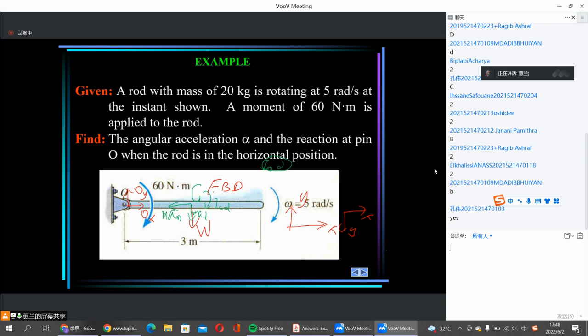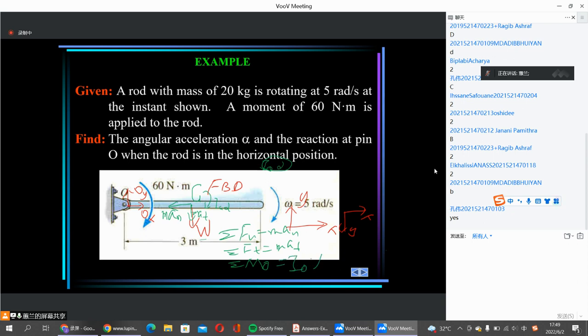And then there are two equivalent systems, and you should have sigma Fn equal to m a_n, sigma Ft equal to m a_t, and sigma M_G or M_O. Maybe we choose M_O, because when you choose sigma M_O, Ox and Oy will have no moment about point O, only the weight has moment about point O. How about the kinetic moment?